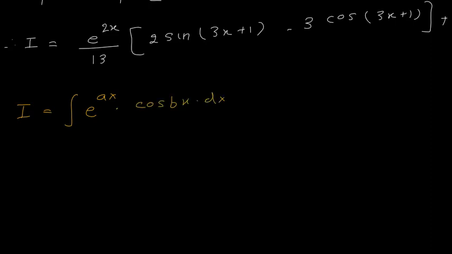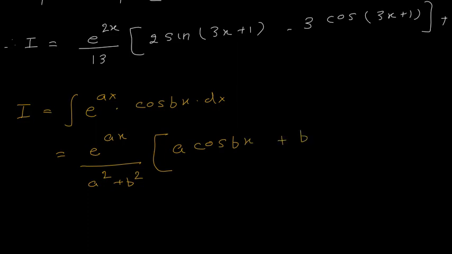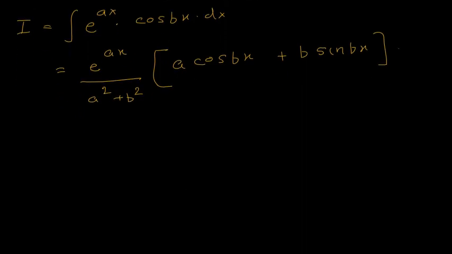This is equal to e power ax divided by a square plus b square, inside we have a into cos bx plus b into sin bx, right? This is one formula, plus c obviously, plus constant of integration.